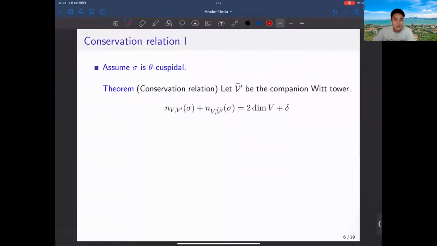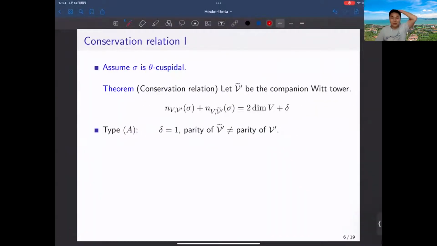The result is that the first occurrence index of sigma with respect to this Witt tower V prime, plus the first occurrence index with respect to another Witt tower, which we call V prime tilde, the companion Witt tower of V prime, equals 2 times the dimension of V plus a discrepancy, which we call delta.